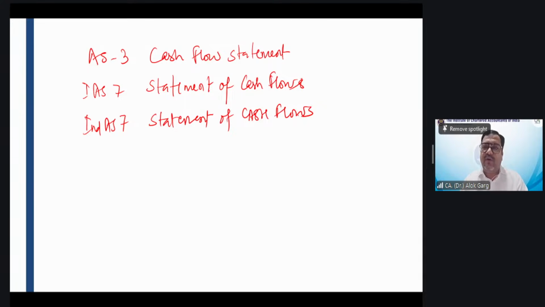One has to be audited as per accounting standards, another as per Ind AS. One thing you keep in mind: if you are auditing the financial statements as per accounting standards, the title has to be cash flow statement. But if it is as per Ind AS, the title has to be statement of cash flows.